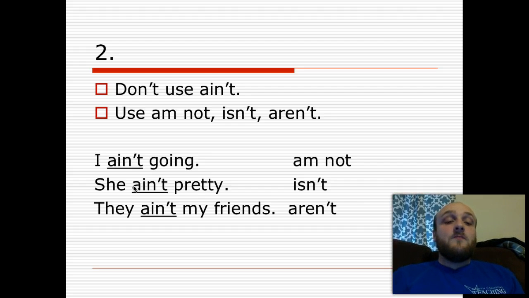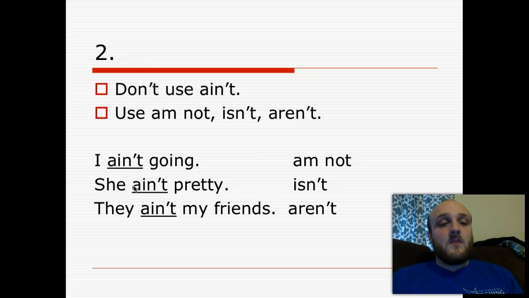So, for example, I ain't going. The correct words that should go in place of that ain't are am not, okay? I am not going. It flows better and it makes more sense and it's grammatically correct, okay? She ain't pretty. No, that's not correct either.